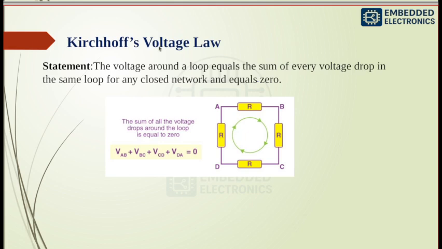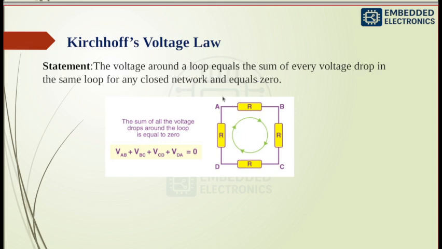Next is KVL, that means Kirchhoff's voltage law. It states that for any closed network, the sum of every voltage drop around the loop is equal to 0.